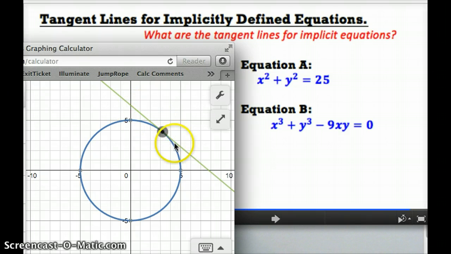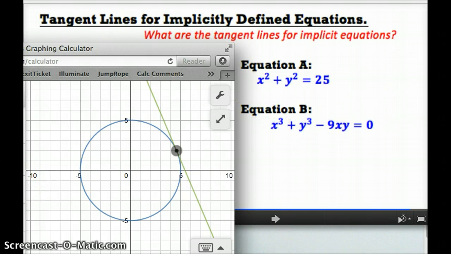Another way to put it would be it's a straight line that grazes the curve at exactly one point without crossing any other points. And it makes perfect sense to talk about a tangent line, even though this is not a function. The tangent line just simply talks about the shape of the circle. And as we move around, the tangent line changes. It has a different slope at different points.